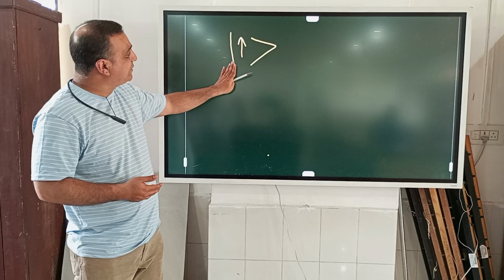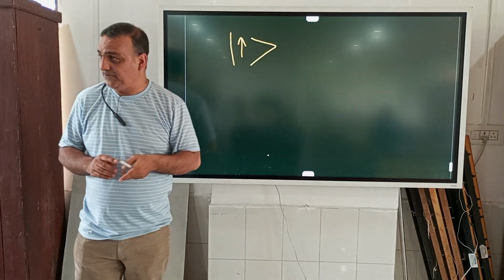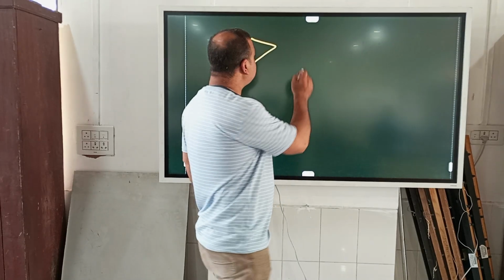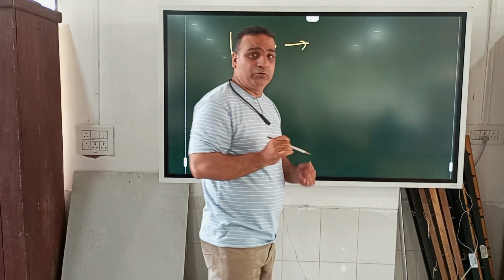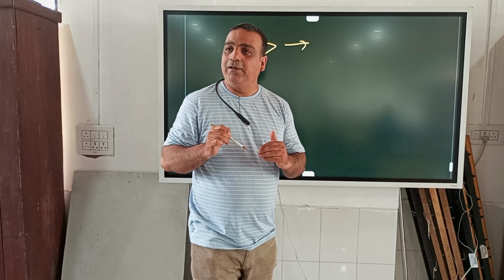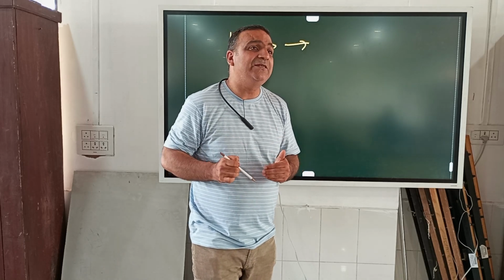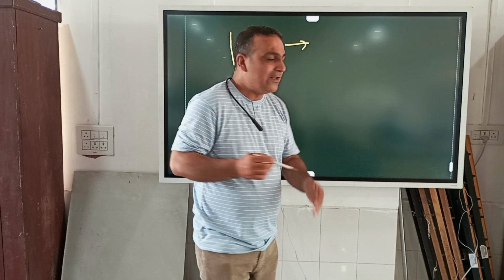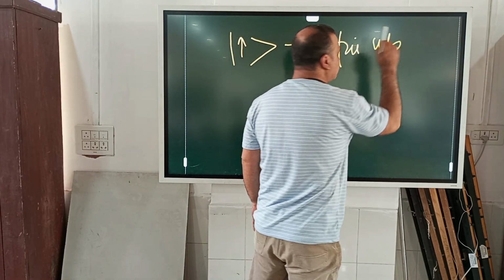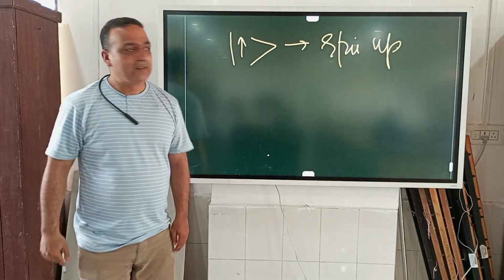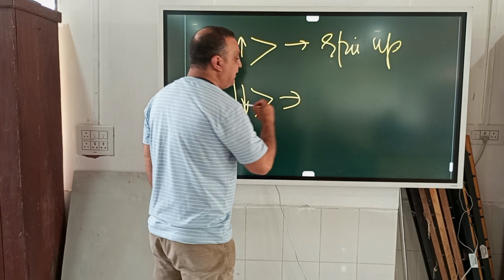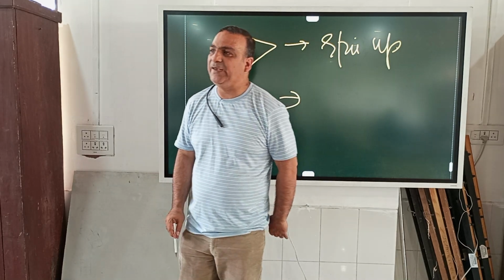So if I choose an arrow in the upward direction, I assume that this arrow is the amplitude with the probability of having spin up. And this is the probability of having spin down.